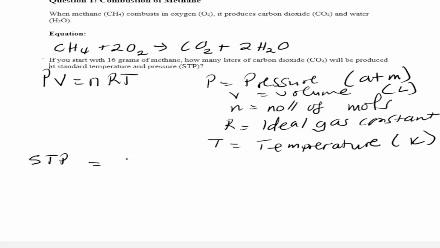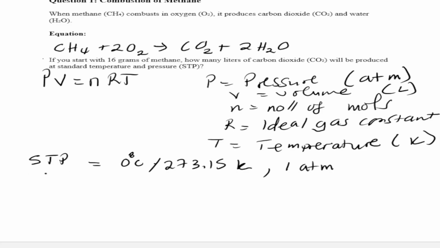Usually this one is at 0 degrees Celsius, which equates to 273.15 kelvins, and also 1 atmosphere of pressure. So if they say you must use STP, you're gonna use the temperature of 273.15 kelvins and also 1 atmosphere.